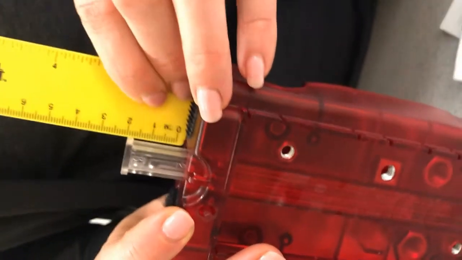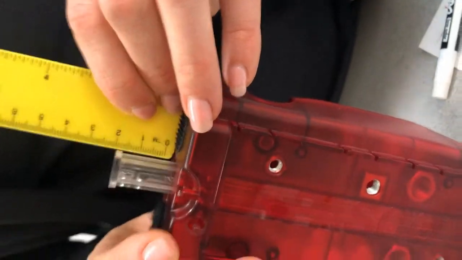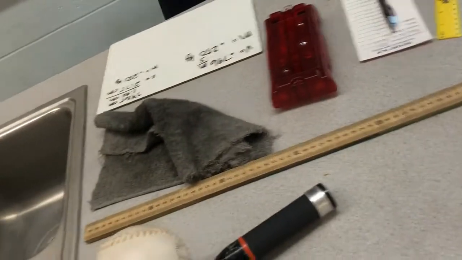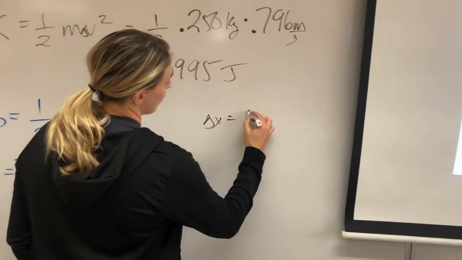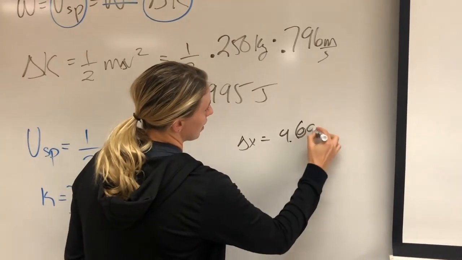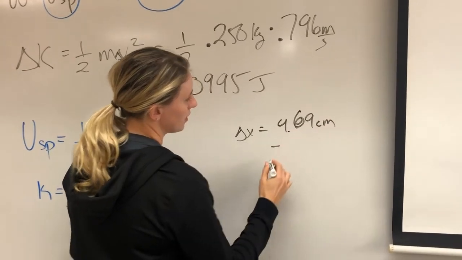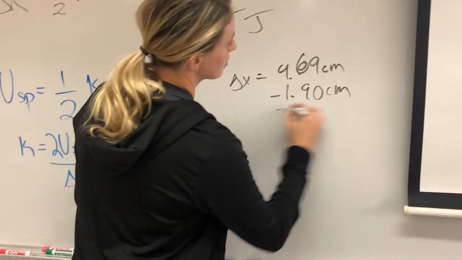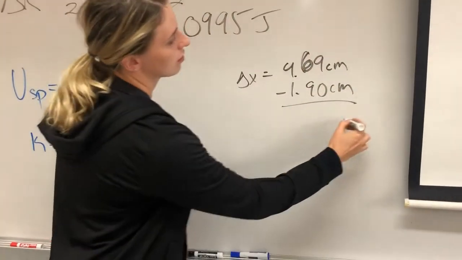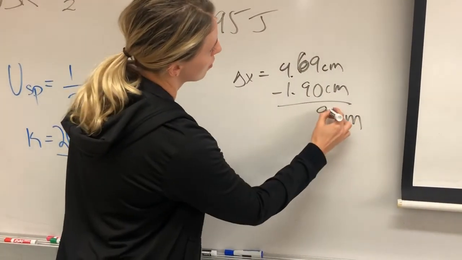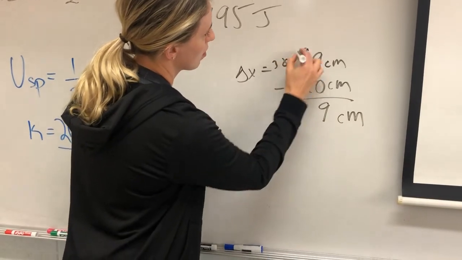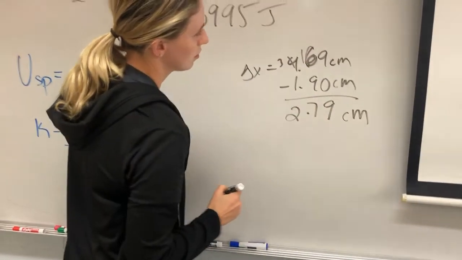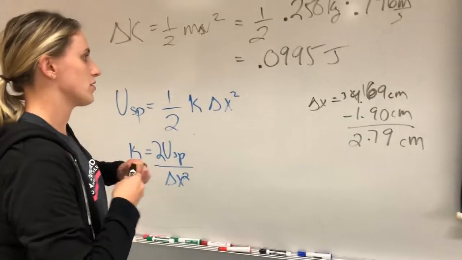We'll call that 1.90. So it's 4.69 centimeters, that's the final minus the original, which was 1.90 centimeters. 9 minus 0 is 9. 16 minus 9 is 7. Boom! 2.79. The human calculator.